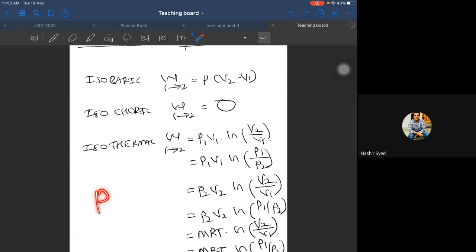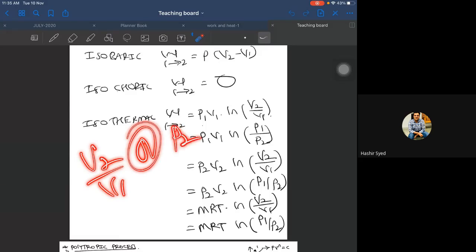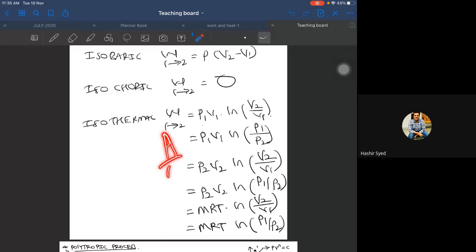Exactly. Second, P2 V2 into ln of V2 by V1, P2 V2 into ln of P1 by P2, then mRT into ln of V2 by V1, and mRT into ln of P1 by P2. So always it is V2 by V1 or P1 by P2.